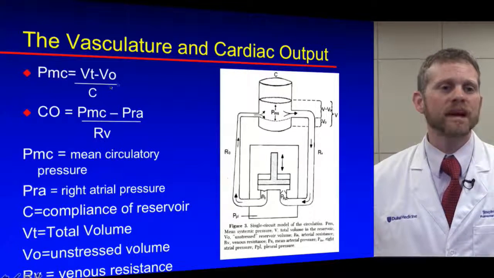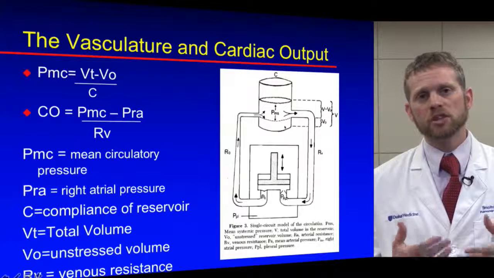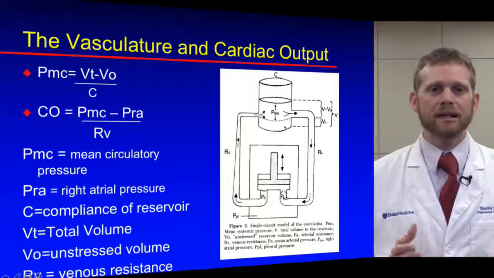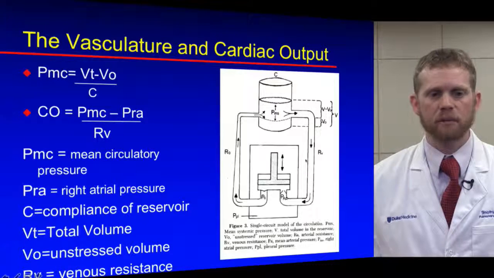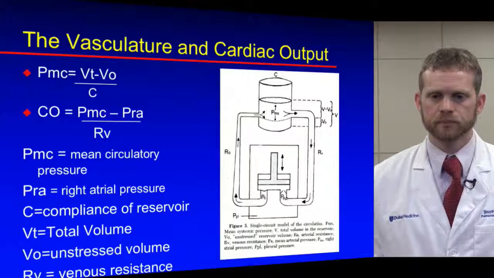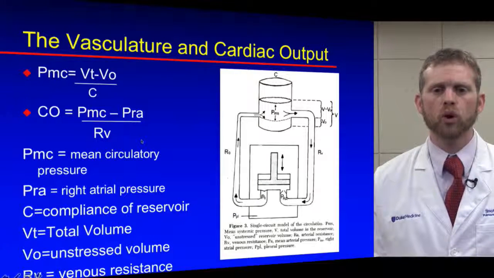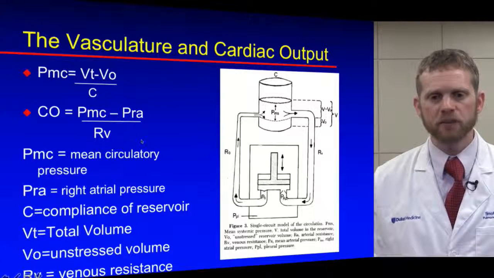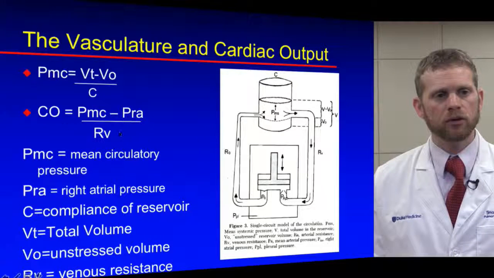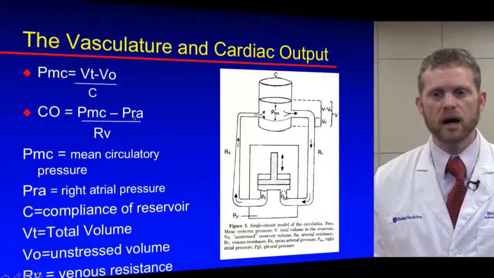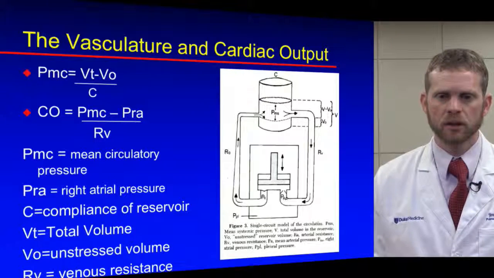So VT minus V0 is what we consider to be the stressed volume, and that is a major determinant of the mean systemic pressure. What you can see by looking at this is that the only role that cardiac function plays in venous return is determining the right atrial pressure.